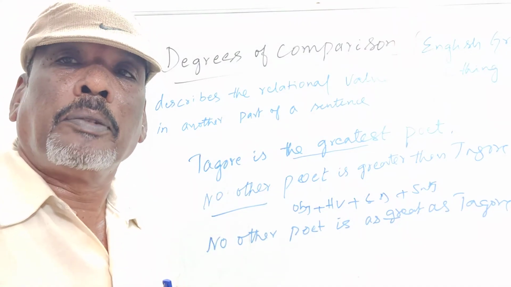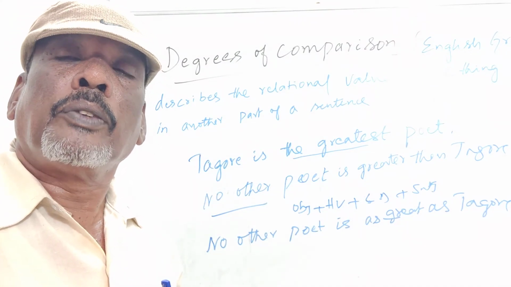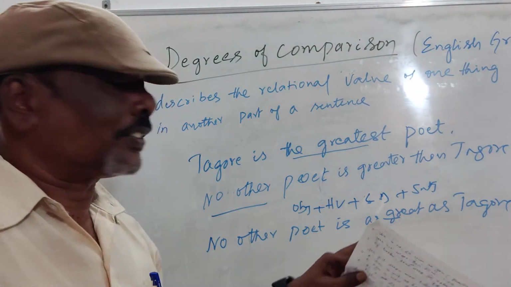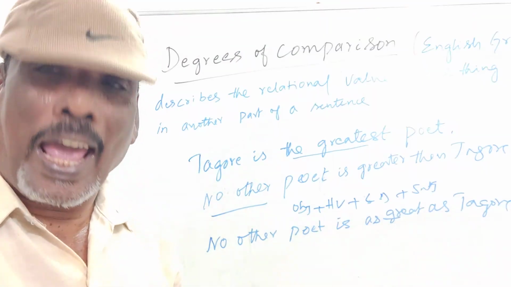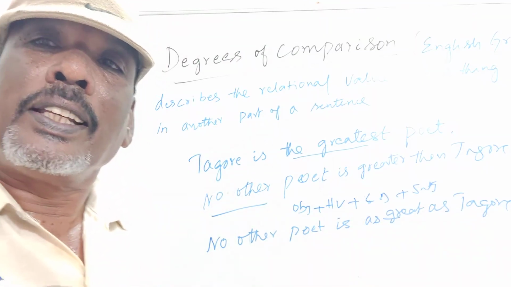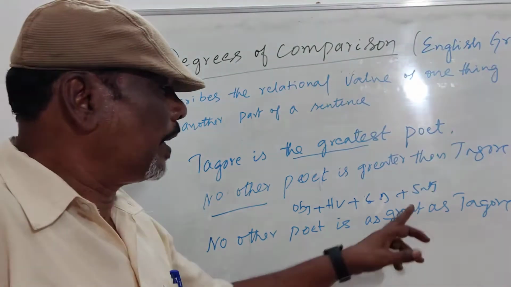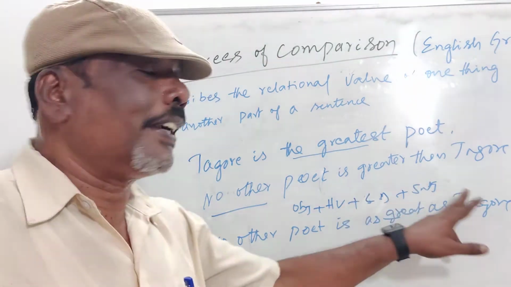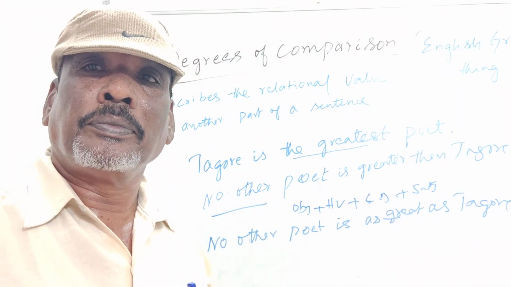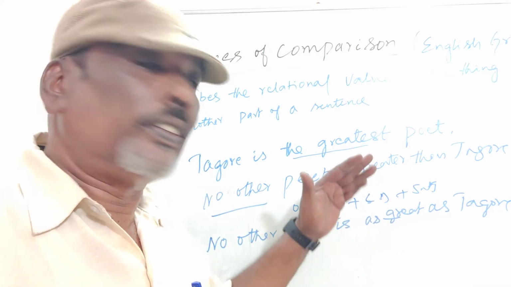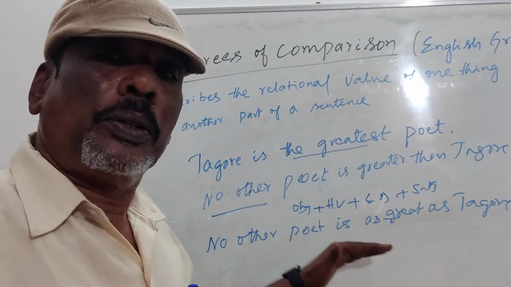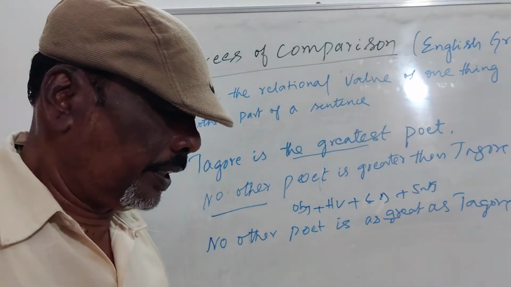In the positive case, we should use "as... as", and the adjective should be in positive form. So great, as great as Tagore. This is how we have changed the superlative degree into positive degree.